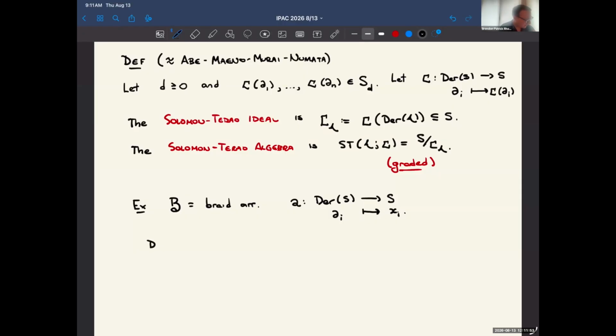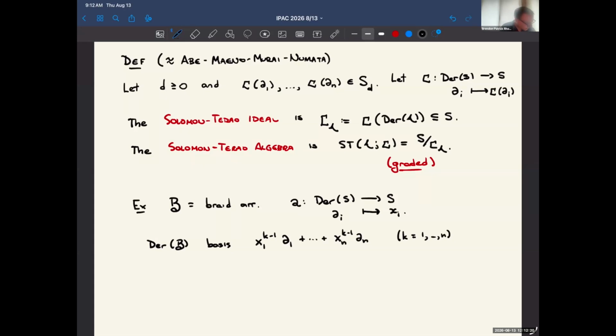So the derivation module of the braid arrangement has basis given by x_1^(k-1) ∂_1 up through x_n^(k-1) ∂_n, as k runs between 1 and n.